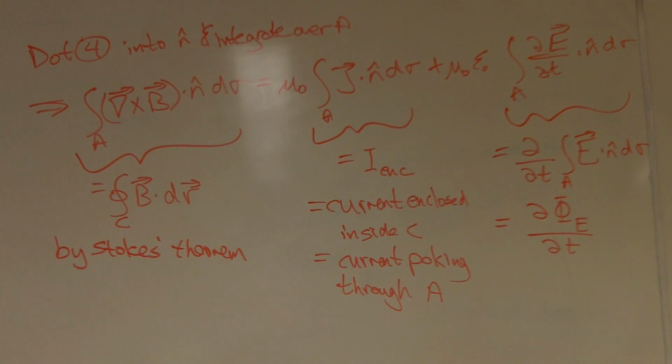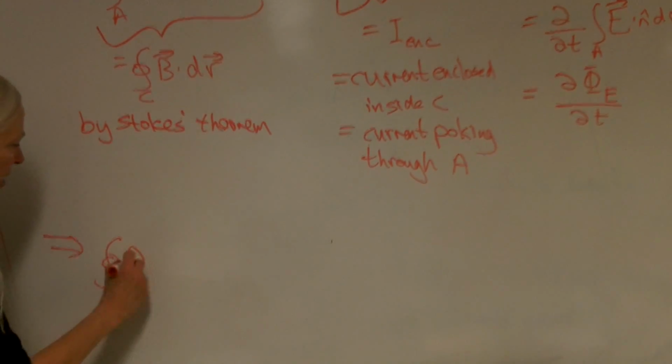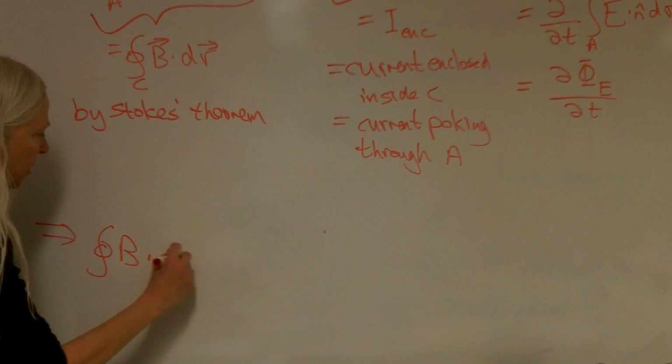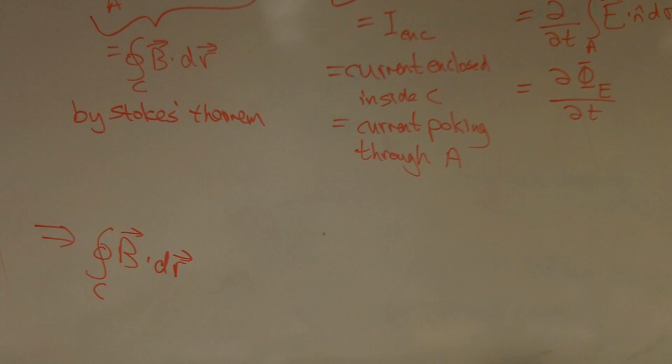So anyway, putting this all together then, to get the integral form of Stokes' law, on the left-hand side we have the integral of B dot dr around a loop, a closed path that forms the boundary of some sort of area. This is what we normally call an Amperian loop when we do this integral.